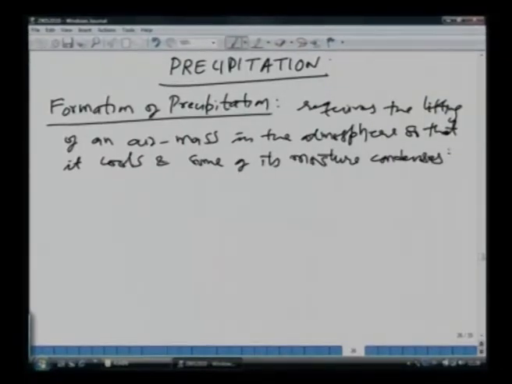Okay. So, for rainfall to form, the one basic mechanism is the lifting of the moist air mass.